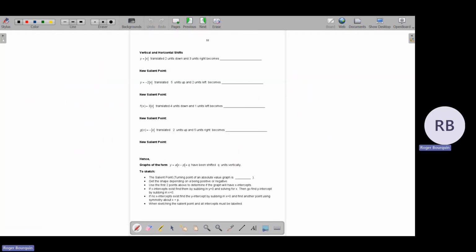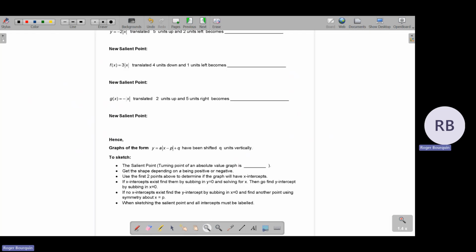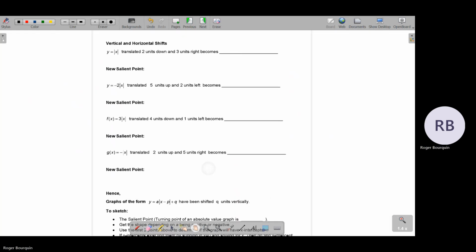Right, now guys, we're going to do double shifts: a vertical and a horizontal shift. Speak to your neighbor and do this first one.